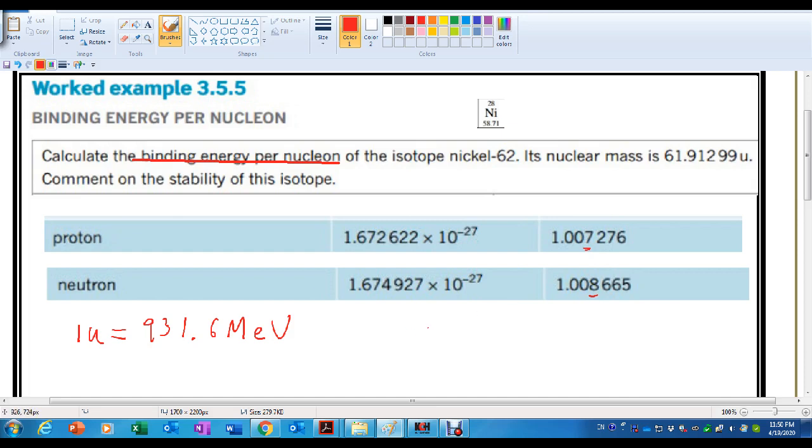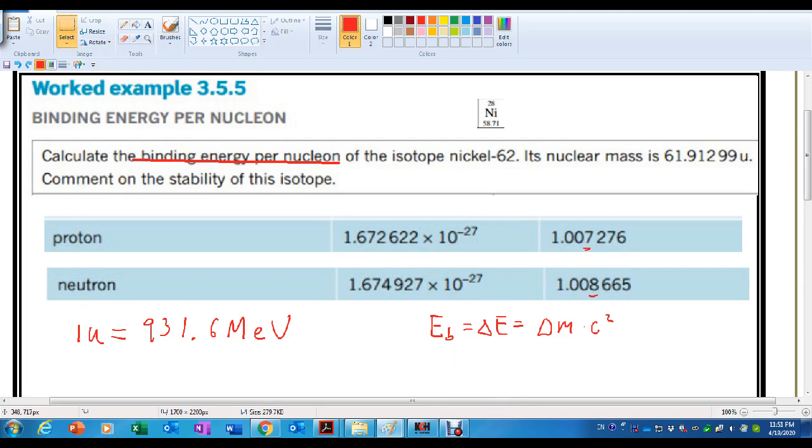Of course, you need another formula, which is binding energy, delta E equals delta M times C squared. Because you have 1U, that means 1U times C squared.